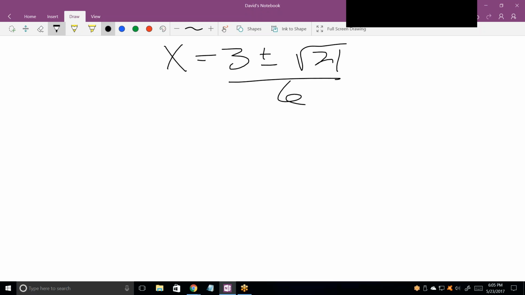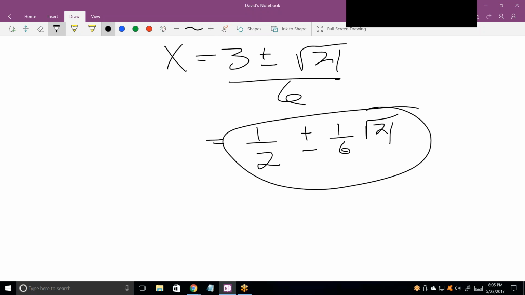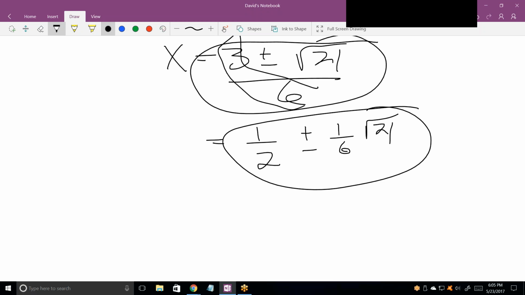Okay? Now, I do have some choices here. I could say this. You see why that's the same? All I've done is separate it into 2 fractions. The only reason I would do that is because I can turn that into a 1/2. I doubt that they would ever do that.